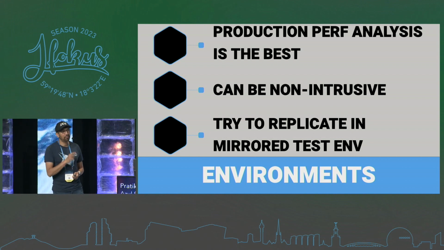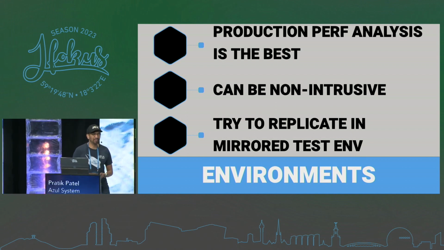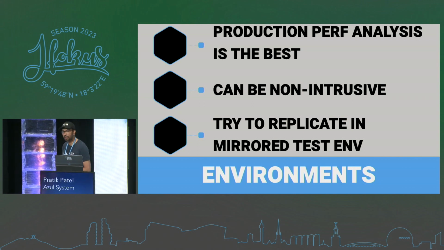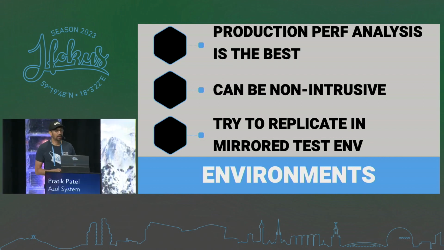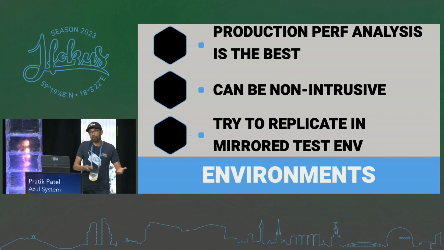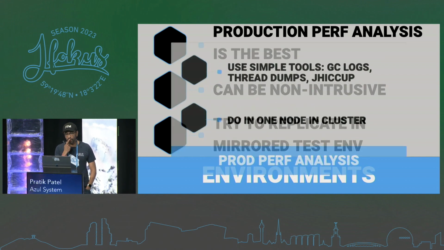Well, what if you have 5 petabytes of data? Are you going to replicate that? Probably not, right? That would cost a lot of money to do that. I don't know how much storage on AWS Aurora or GCP AlloyDB is, but it's not cheap, right? So it's the data that becomes a problem here. So you have to be creative with trying to replicate that data or just have a slice of data and then trying to run a performance test. But again, in that case, the best place to test is production. We can do it in a non-intrusive way, okay?